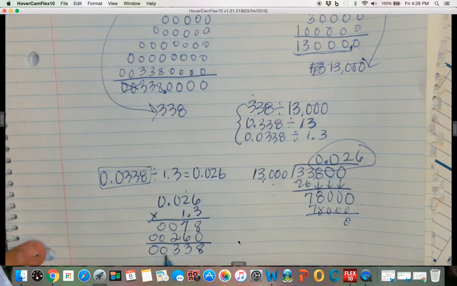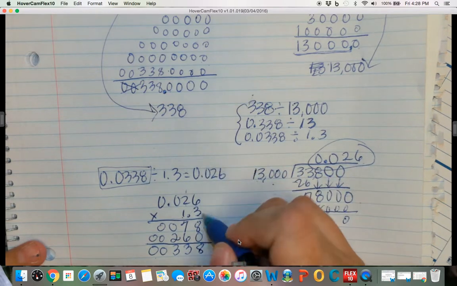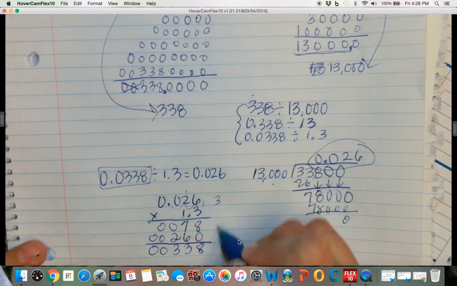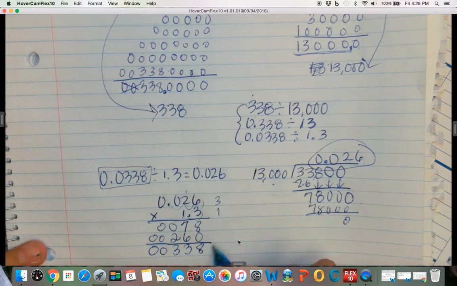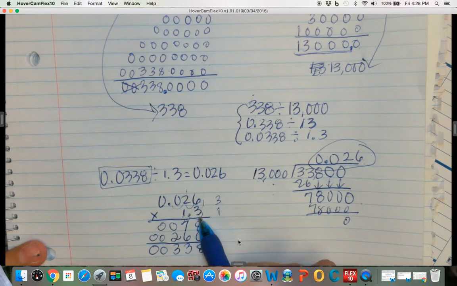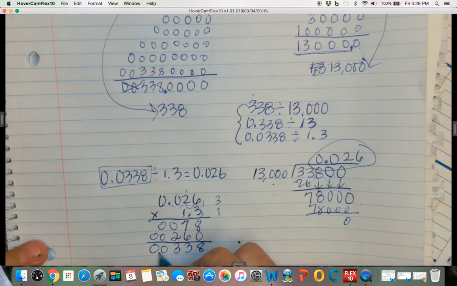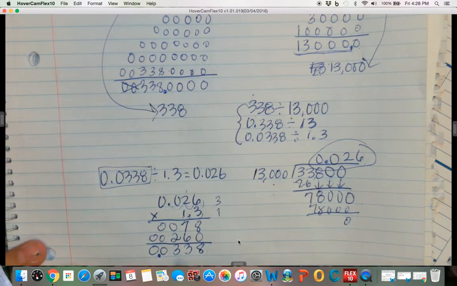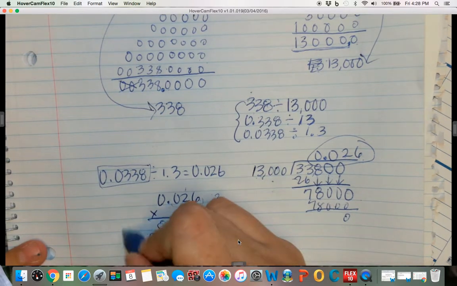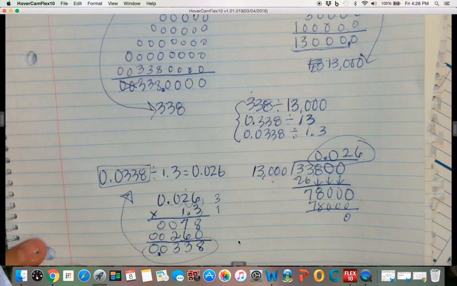Here's my number, 00338. I have 1, 2, 3 decimal places here, 1 decimal place here. It's a thousandth times a tenth, which gives me 10 thousandths. 1, 2, 3, 4 decimal places in. This number equals this. That's why it all works.